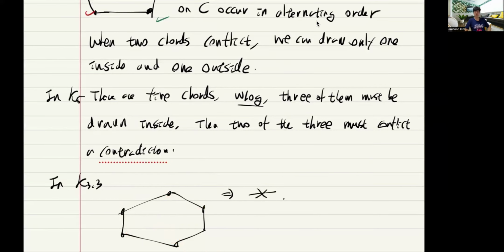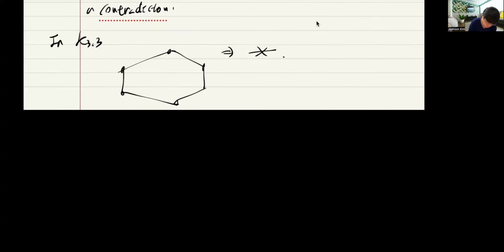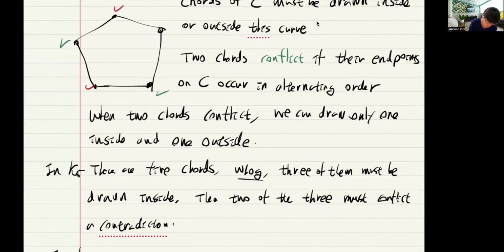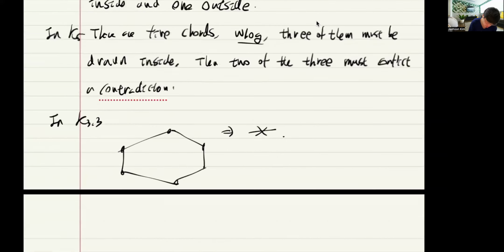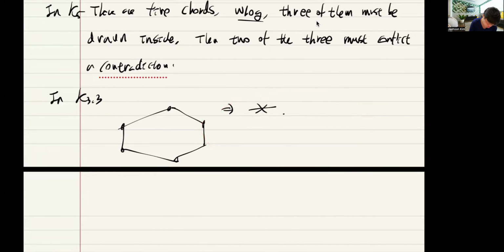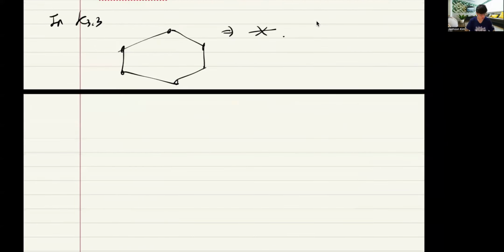You can only draw one of them inside and one of them outside, but there are three chords. So, I will not write down the same similar sentence again. So, this proves that K5 and K3,3 are not planar.